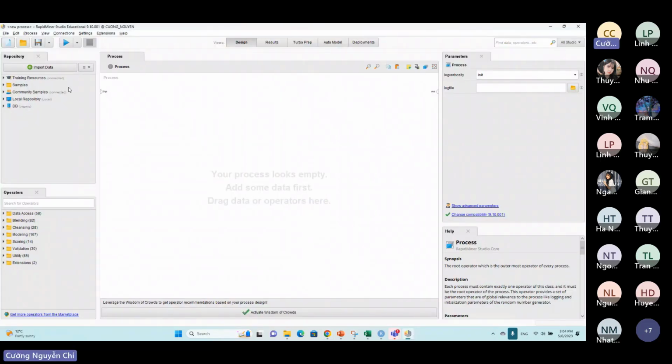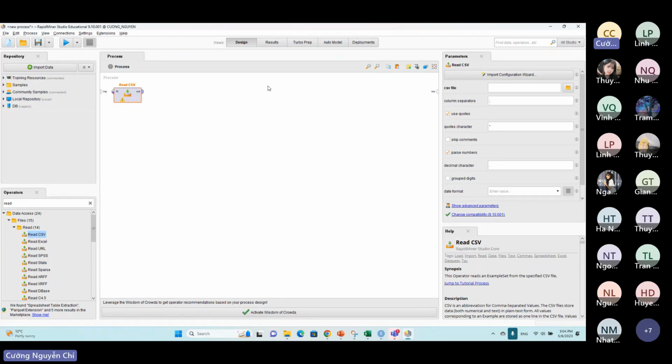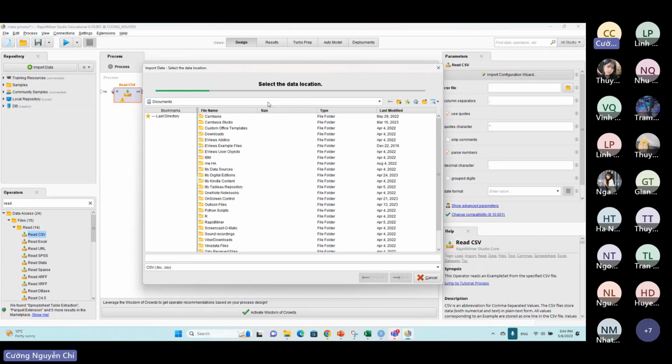RapidMiner. Okay, from taking the data, like where you can import the data from. So with CSV, take the data from somewhere, import the data from my computer.